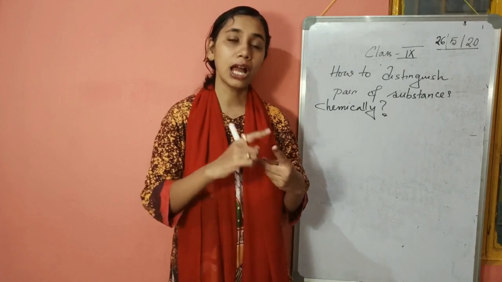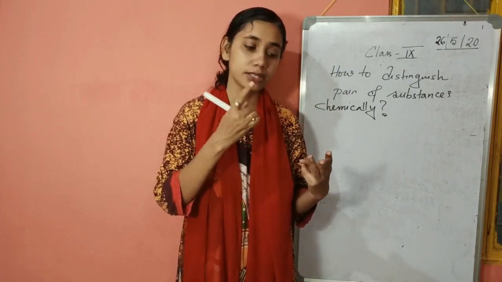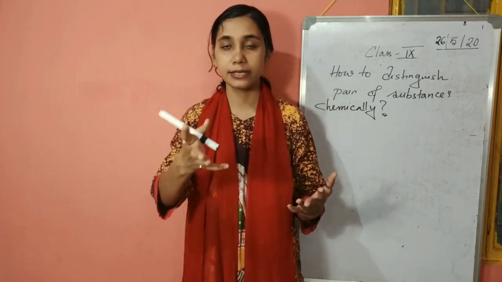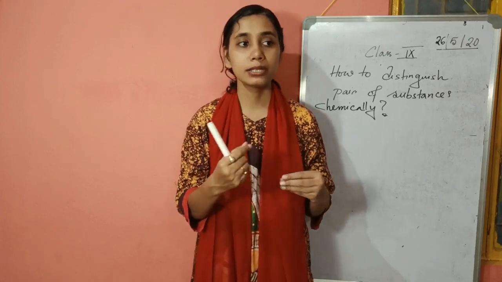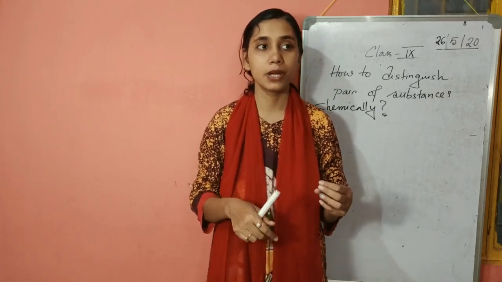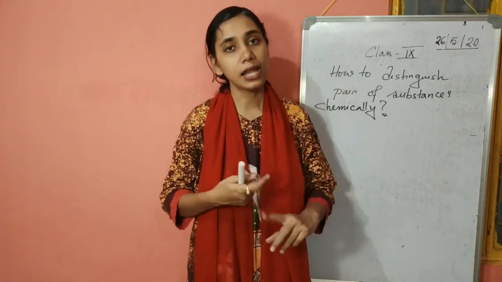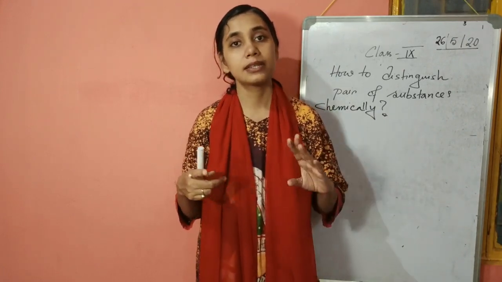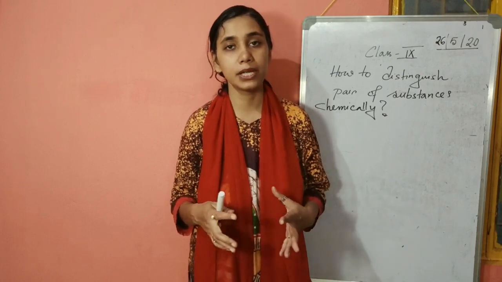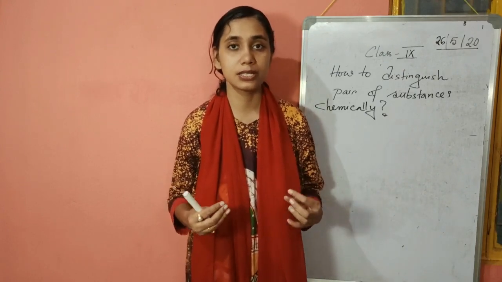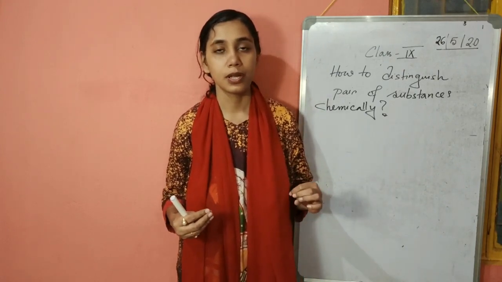So colors, odor, just by seeing that this is green color, this is white color, or these two solutions if you are testing with litmus, it is giving this color, it is giving that color. So indicators, colors, solubility, texture, we will not consider in this type of questions.